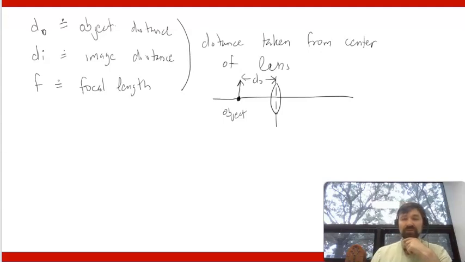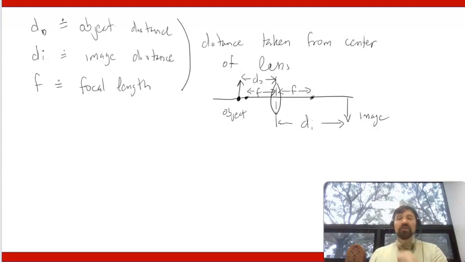If I form an image somewhere over here, then this distance would be DI. And if my focal points are maybe like here and here, so essentially this would be my F. Okay, so those are some of the things that we need to define.